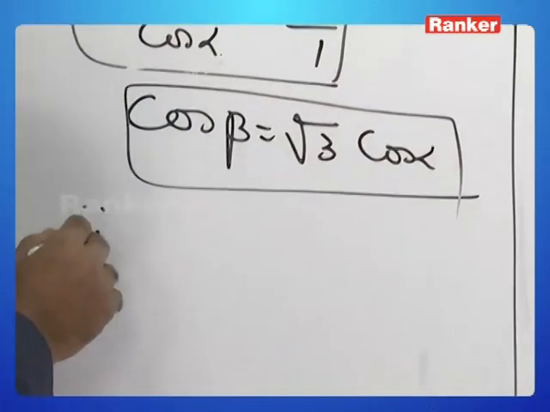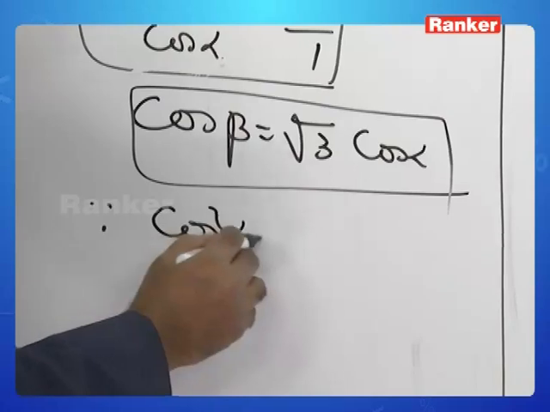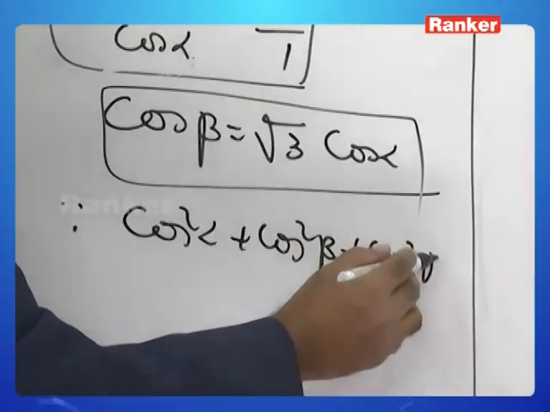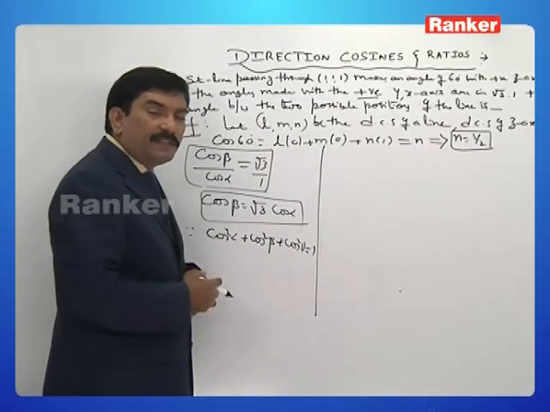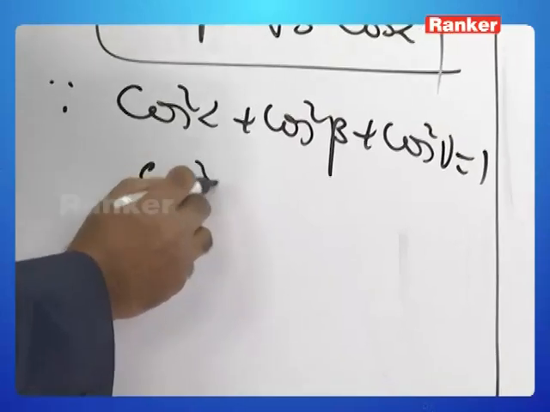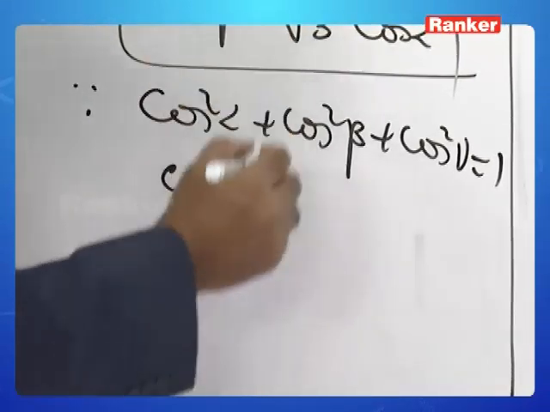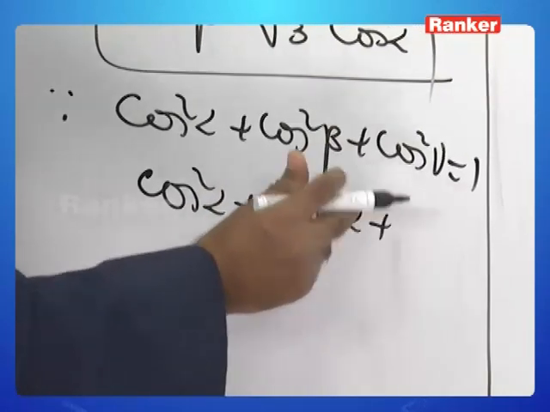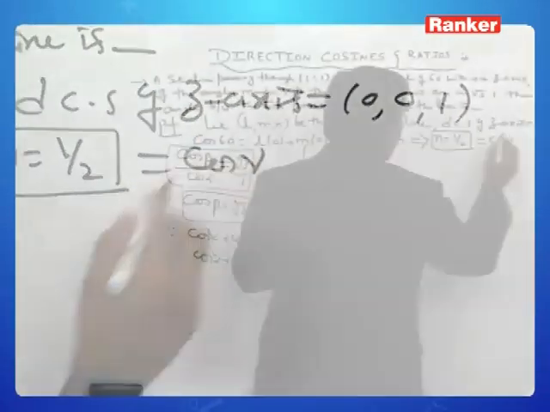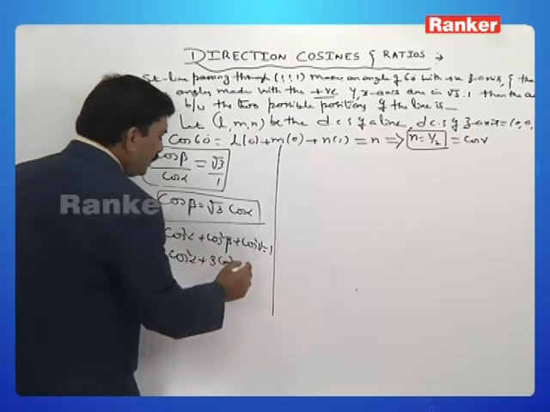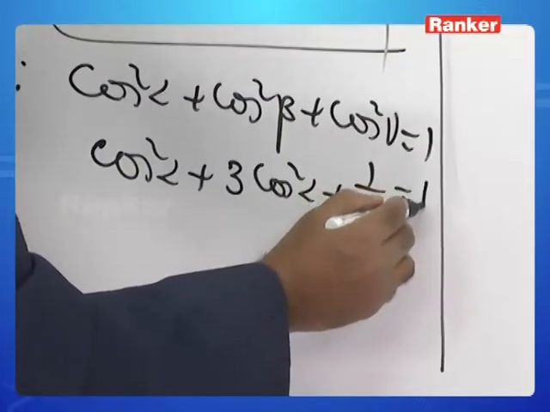Now, since we know that cos square alpha plus cos square beta plus cos square gamma is equal to 1, I can write cos square alpha plus 3 cos square alpha plus cos square gamma. Cos gamma is nothing but N, and this is L, M, N. So this is 1 by 4 is equal to 1.